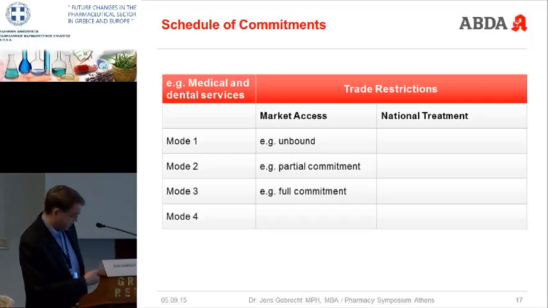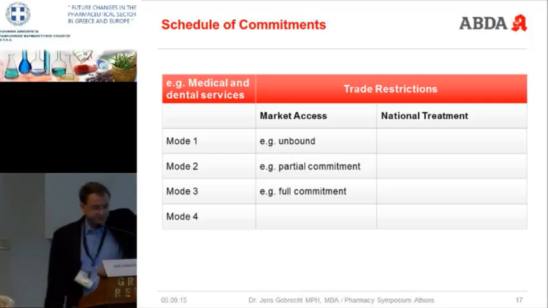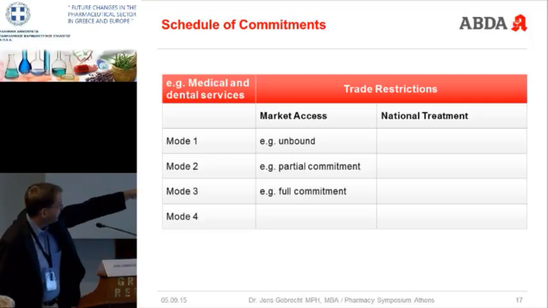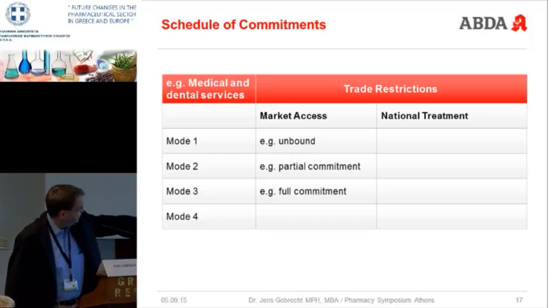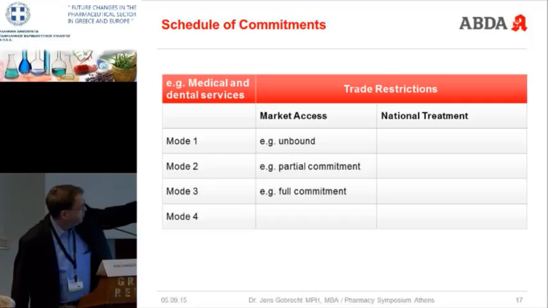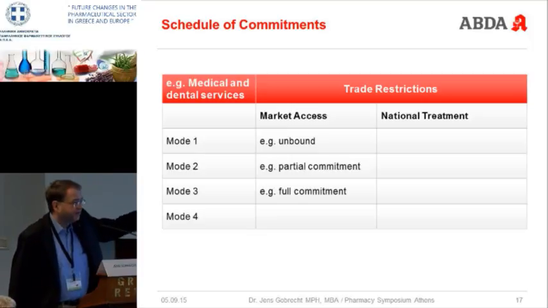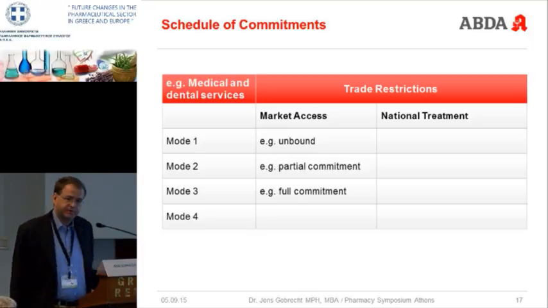So here, at the top, you have an example for a sector, and then here you have the 4 modes, and then you have the 2 areas, market access and national treatment, and then you have some examples of how these commitments can be unbound, partial commitment, or full commitment.